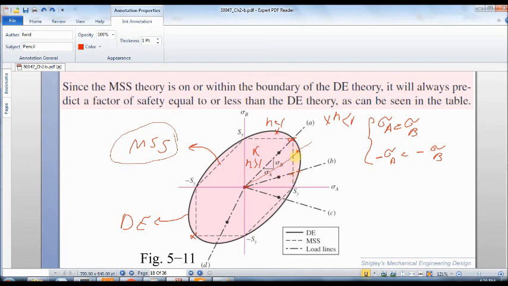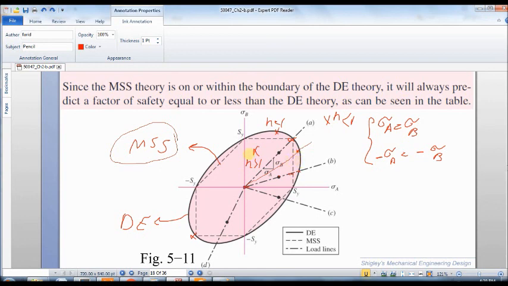But as you can see, this point is still inside the distortion energy border, and the distortion energy theory is telling me that your part is safe.